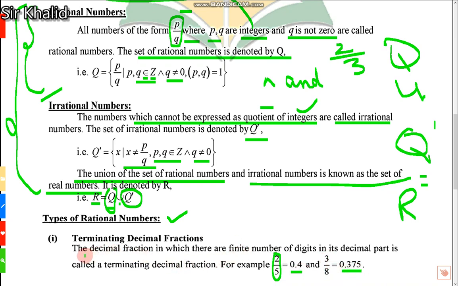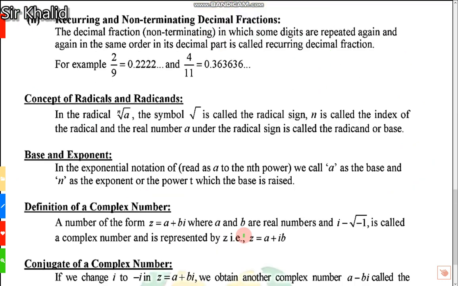Note that this decimal fraction is terminated here, which means the division stops here. A decimal fraction in which there is a finite number of digits in its decimal part is called a terminating decimal fraction. I already explained these two examples in which the division terminates.